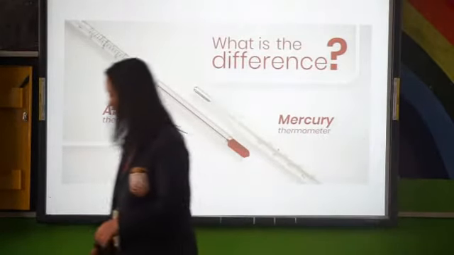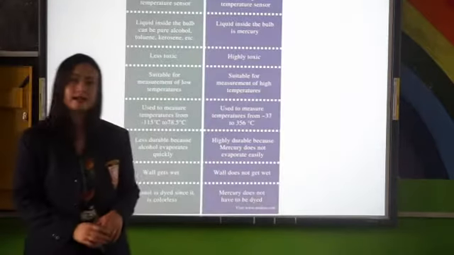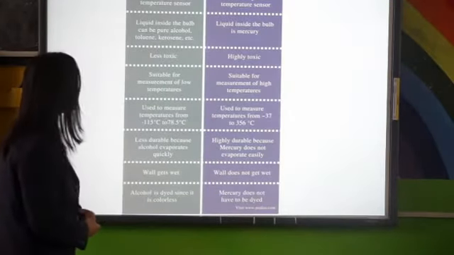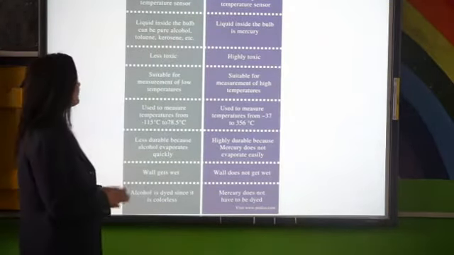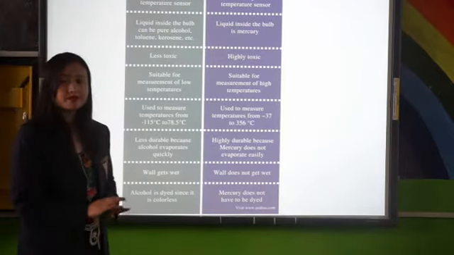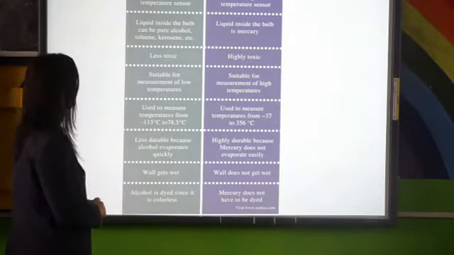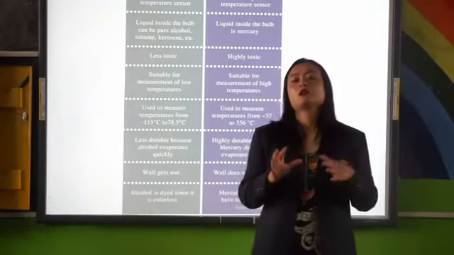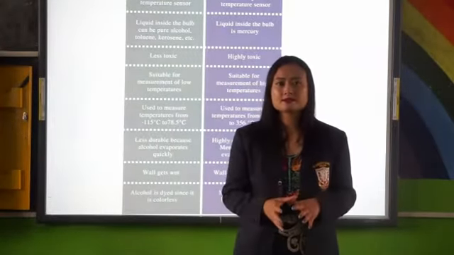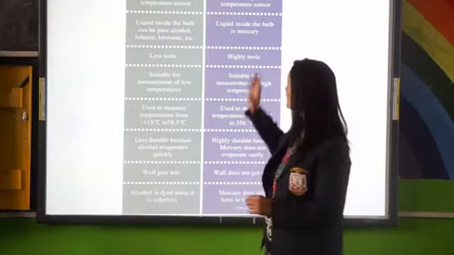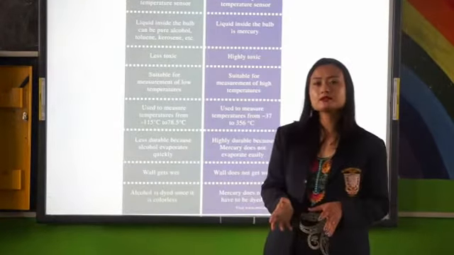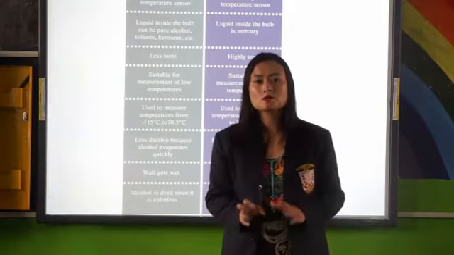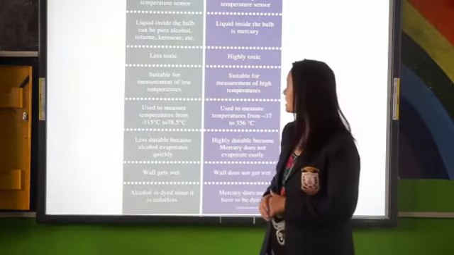You know what mercury is. And mercury is quite visible, it's shiny, isn't it? Now, the difference between mercury thermometer and alcohol thermometer. The alcohol thermometer is a thermometer in which the thermometric substance is alcohol, whereas mercury thermometer is a thermometer in which mercury is the thermometric liquid.